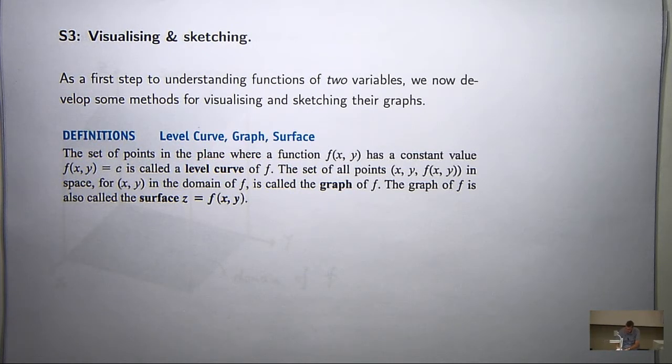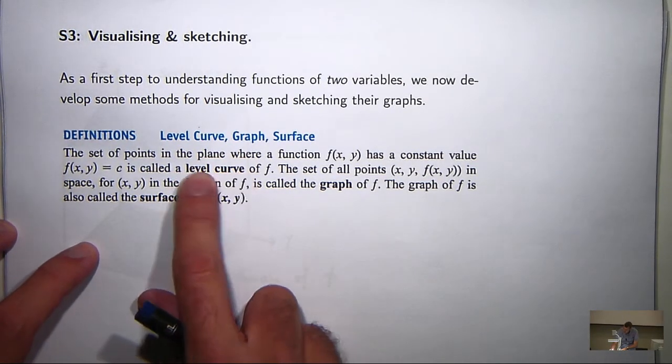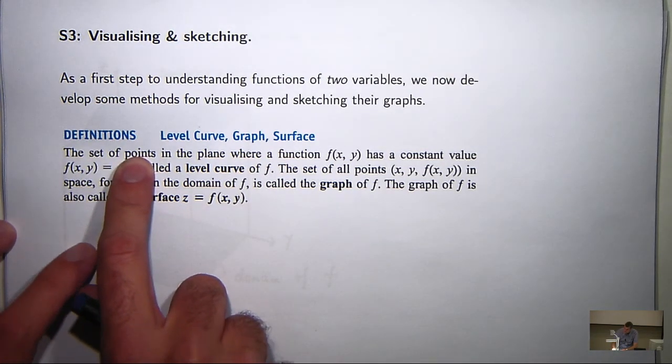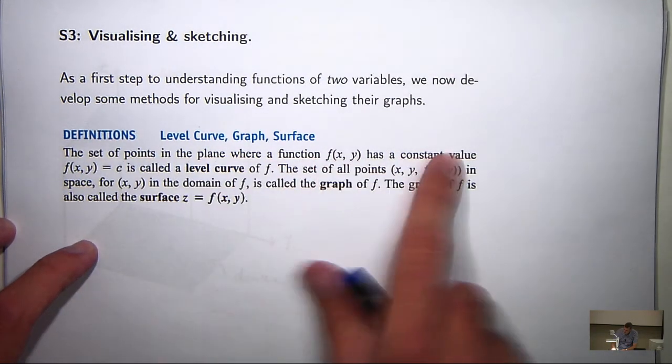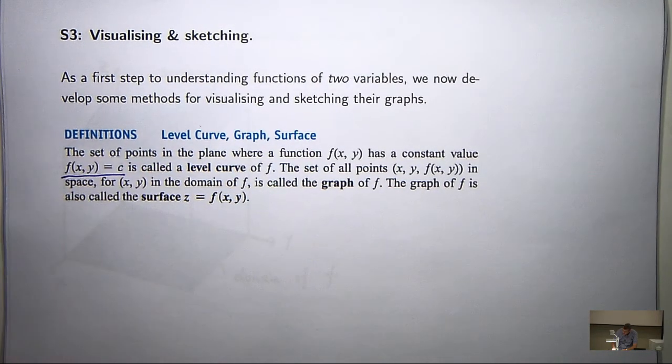But just bear with me for a second. Okay, so we talk about level curves of a function. Well, that is just the points or the curve in the plane where a function has a constant value. So essentially you just set your function equal to a constant and draw the graphs in the xy plane. Right? We call that a level curve.